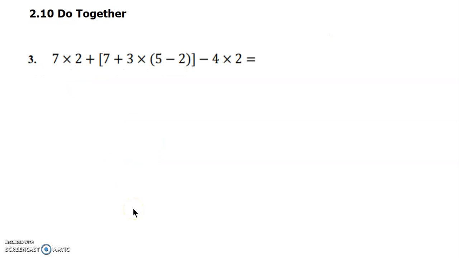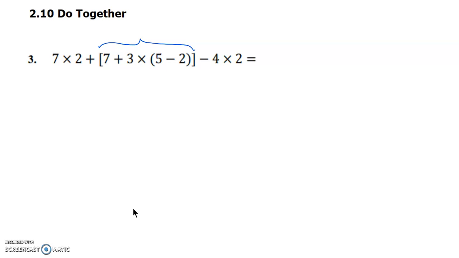For number 3, we have a lot going on, but what we need to focus in on is these double brackets here. You see how the outside brackets are squared off? That's because we have curved brackets inside of there. So when we have this situation, what we're going to do is clear the inner brackets first and then work on the rest to clear the outer brackets.